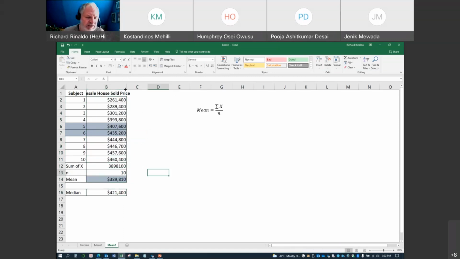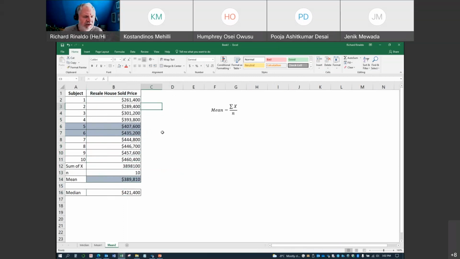Now sometimes stats will show the median value as opposed to the mean value. I use the example in the lectures of resale value of homes. It's highly skewed. The mean value is 389,000, the median is 421. Home prices are what's referred to as skewed.